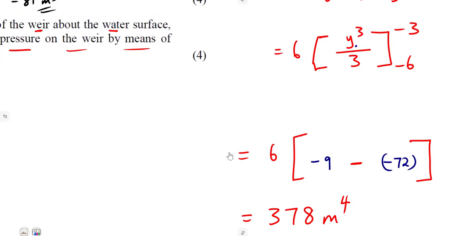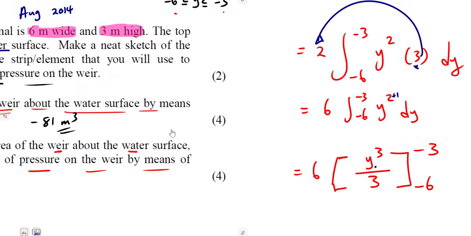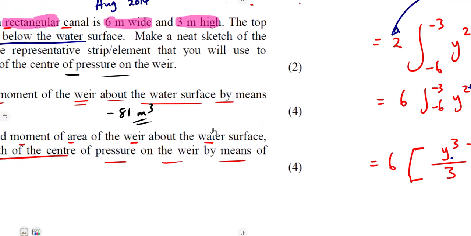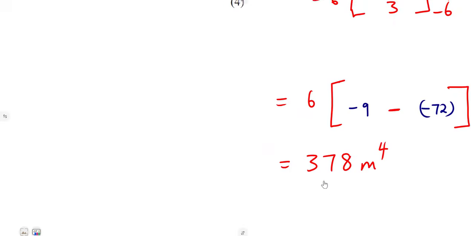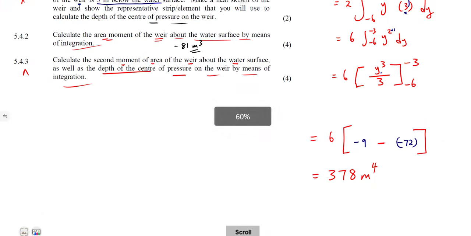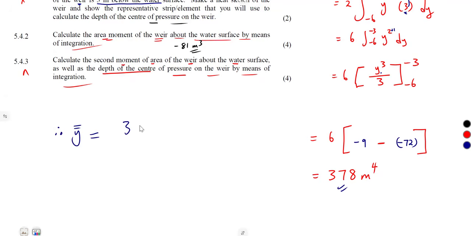With these two guys, you can now calculate the depth because you've got the first area moment. So the depth of center of pressure can now be determined from these two. So therefore, in our conclusion, our depth of center of pressure is going to be second moment of area 378 over the first area moment negative 81. Just like that.